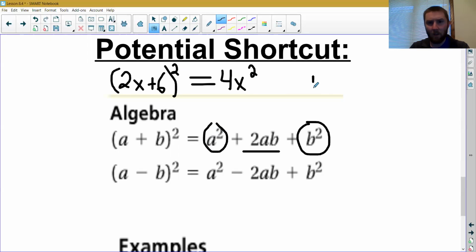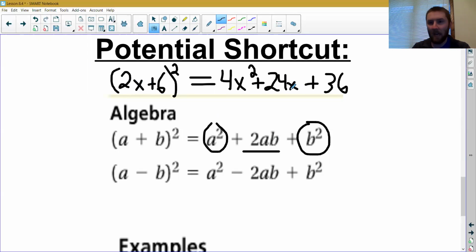And then my end is going to be plus my second part squared, so plus 6 squared, which is 36. And then this middle piece, because I have a plus sign here, I'll put a plus sign here. And 6 multiplied by 2, if I were to times these things together, like my a times b, I think I get 12x. And then this tells me to double it again, so it becomes 24x.